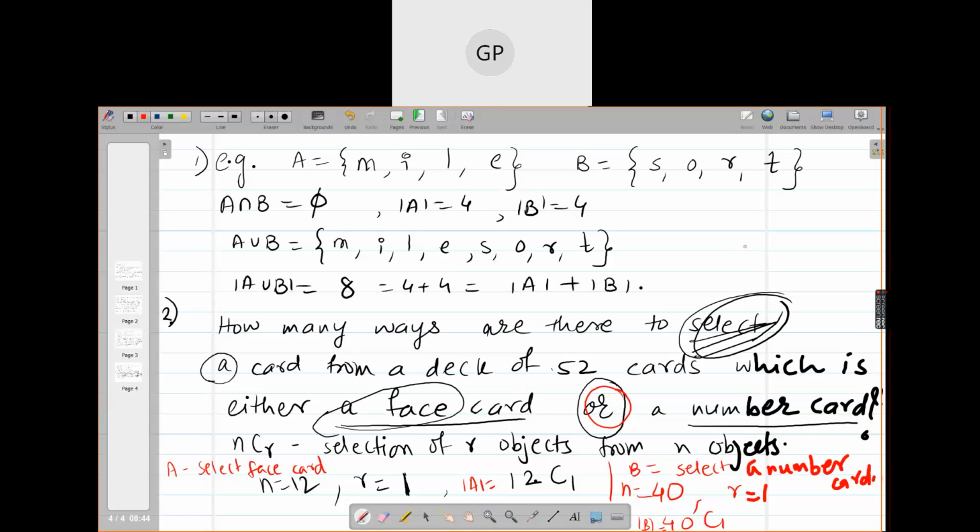Yes. Have you understood this? I want to go to the next page. So mod A is equal to 12C1 and mod B is equal to 40C1.